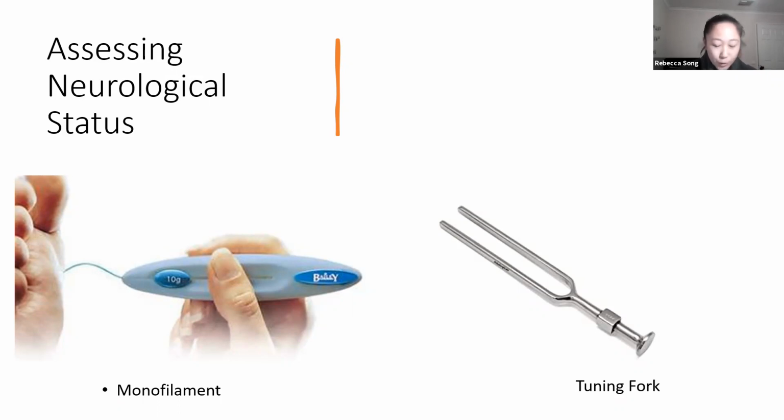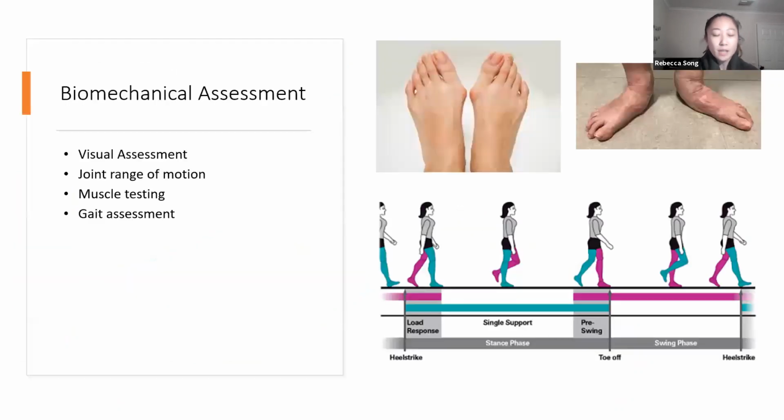So that's it for the neurological assessments that we do. But if someone is coming in with foot pain or other problems like a musculoskeletal injury, we will do a biomechanical assessment. We'll start with a visual assessment, looking at the feet and seeing the arch height. Is there any splaying of the toes? Is there any bony prominence that might be rubbing on footwear?